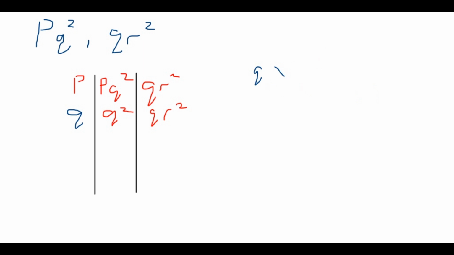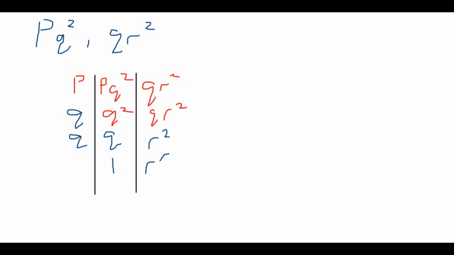So we'll be left with Q, and here we'll be left with R squared, since Q also cancels out here. And now we are still going to divide by Q, since there is a Q remaining. Q divided by Q is 1, and we'll bring down the R squared.